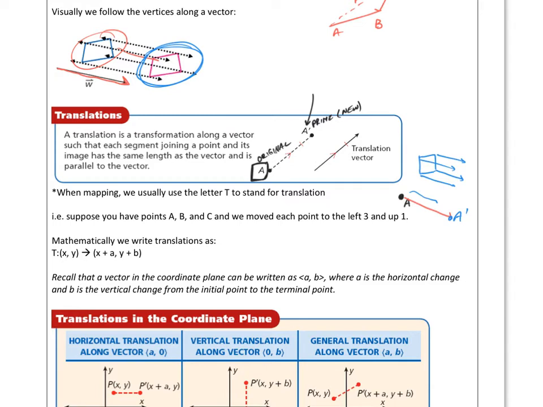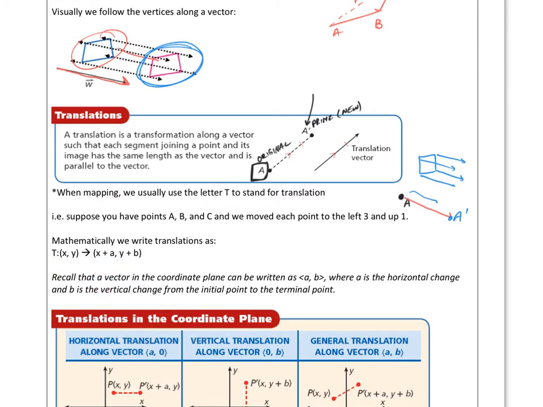So now let's suppose we're going to do some transformations. For a translation, something that I'm going to slide along a vector, I use the letter T. That stands for translation. So if I have points A, B, and C, and we move these each left 3 and up 1, I can write this as a translation such that (x, y) goes to (x plus a, y plus b).